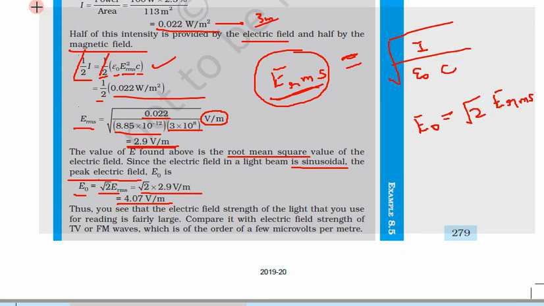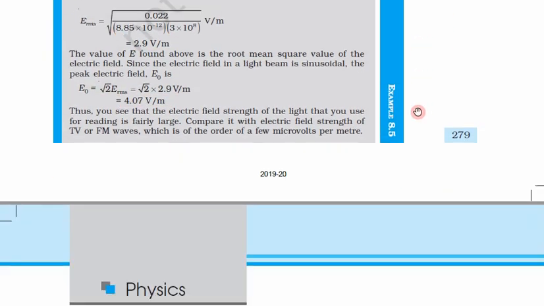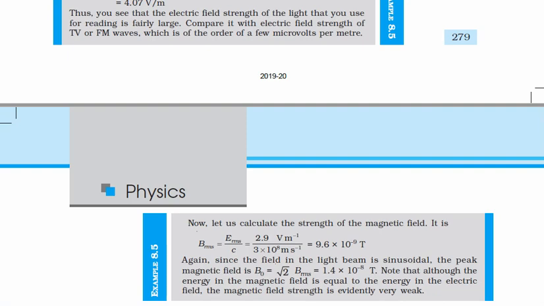of the electric field associated with this bulb at a distance of 3 meter. Thus you see that the electric field strength of light that you use for reading is fairly large. This is not very small. Compare it with the electric field strength of TV or FM waves, which is of the order of a few microvolts per meter. So visible light has an electric field of 4.07 volt per meter, even when we are considering only 2.5% efficiency.